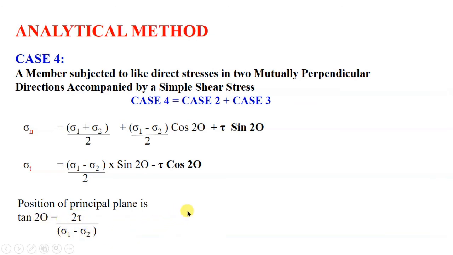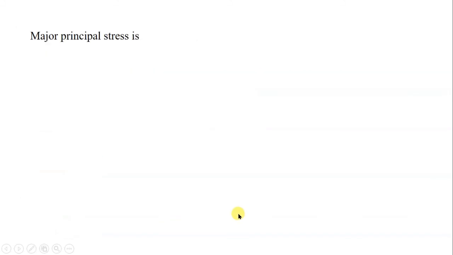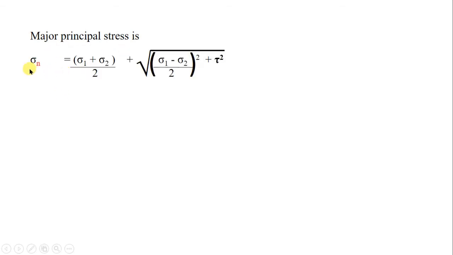Okay, is that clear? Now what are the major principal stress and minor principal stress? Let us see it. The major principal stress sigma n is equal to sigma 1 plus sigma 2 by 2 plus, this plus you should keep in your mind, square root of sigma 1 minus sigma 2 by 2 the whole square plus tau square.